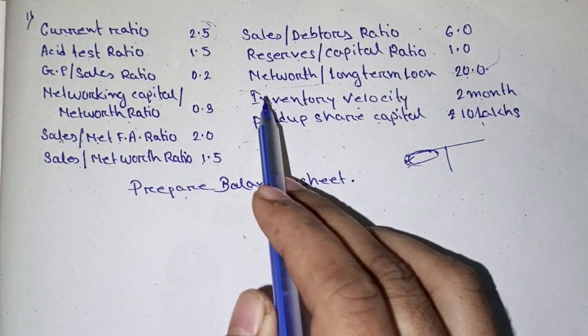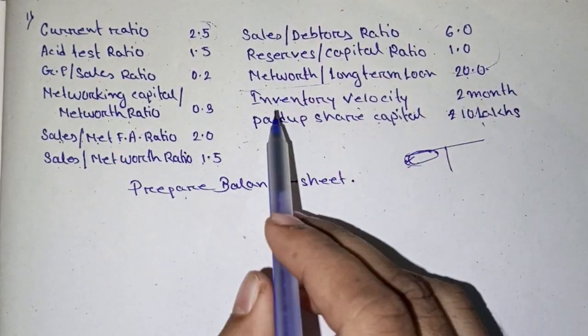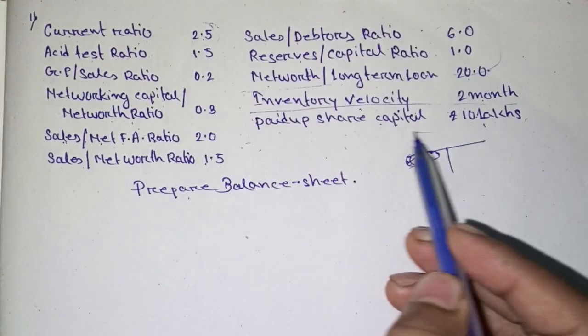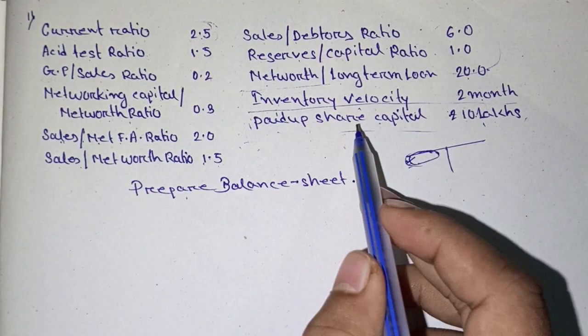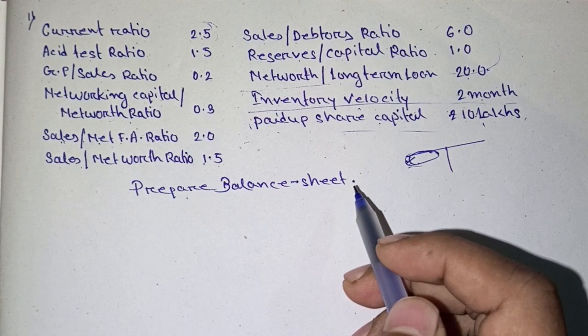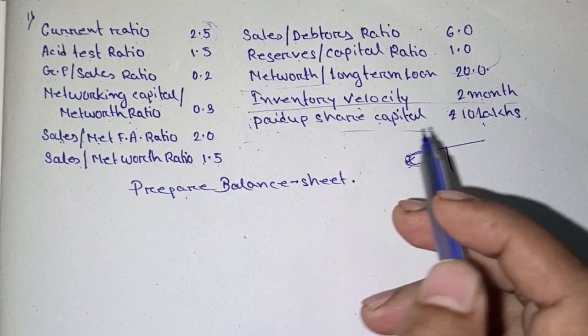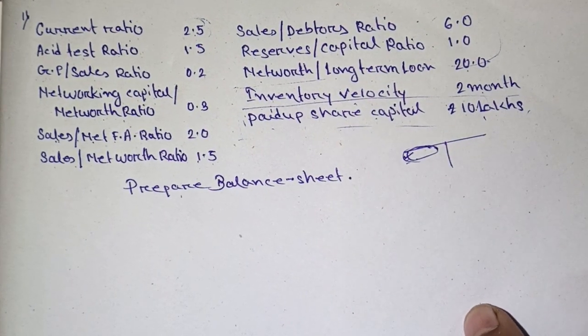So focus on paid up share capital. Paid up share capital is given. So how do we solve it?